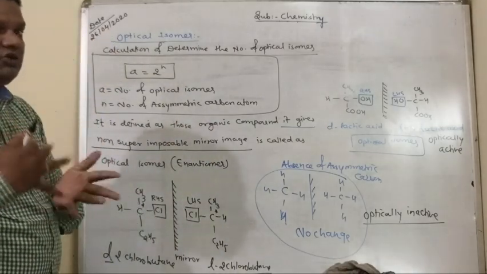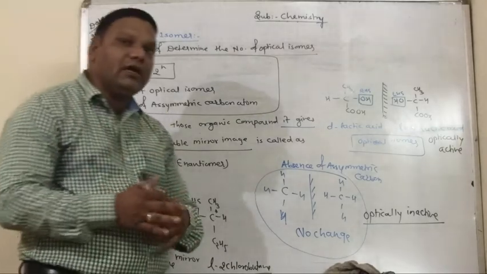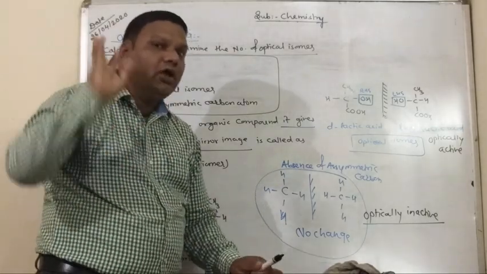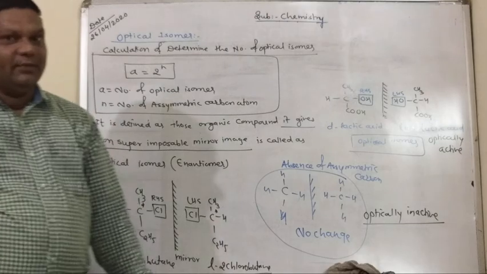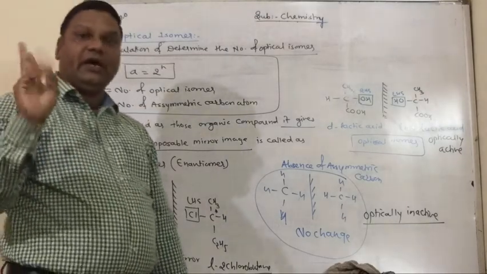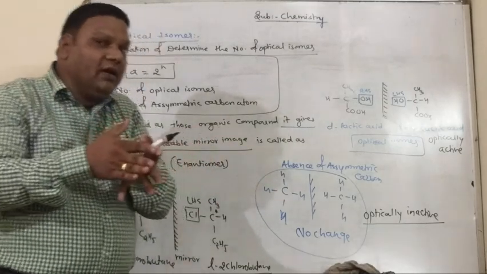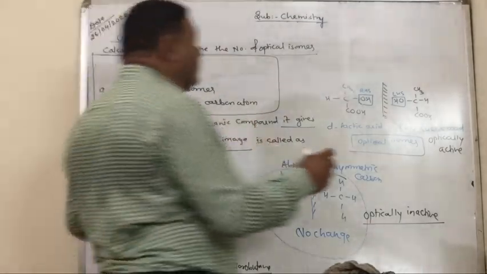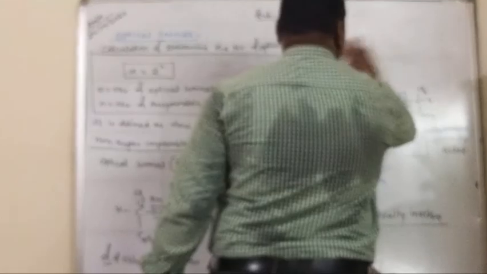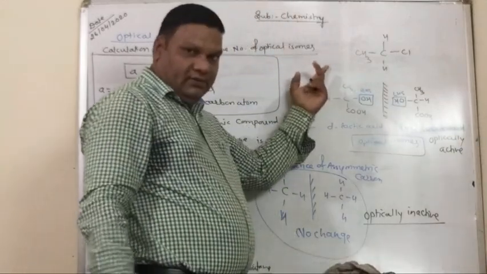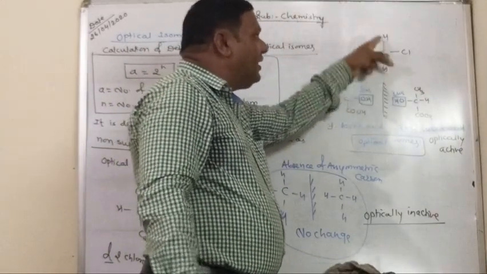And you know the definition of an asymmetric carbon: a carbon having 4 different groups or 4 different atoms. Minimum 2 different are required; it is fine if 2 are similar. For example, here Cl, here CH3, H, H. So it will be acceptable because there are 2 different and 2 same.